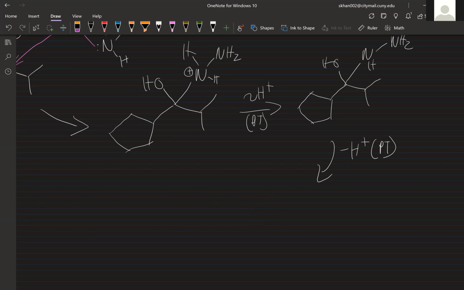Bring this a little bit more left. OH2 plus, NH, H2. What are we missing here? So the cyclohexyl, sorry, cyclopentyl, and it's a propyl group.